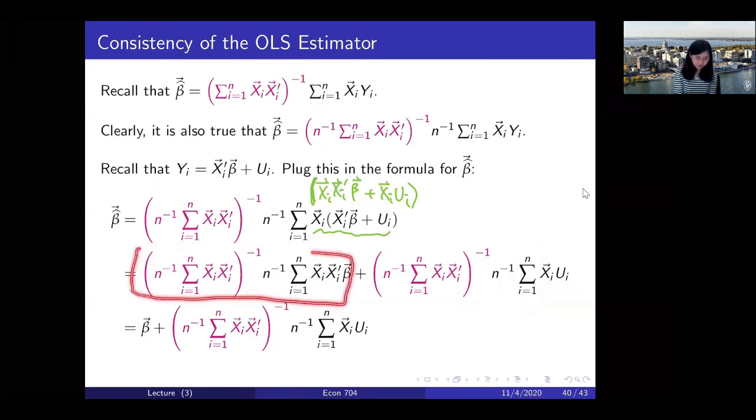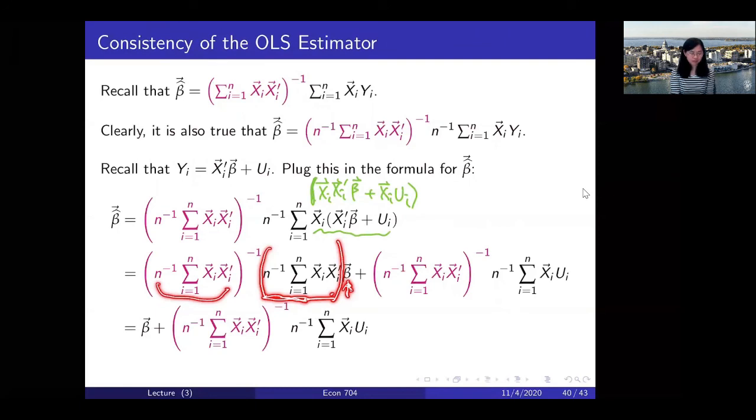Now let's focus on this first term. As you can see, the beta vector doesn't have a subscript i, so it can be factored out of the whole summation or average. It can be factored out, but because it was on the right before, once you factor it out, you still keep it on the right. Now once you factor that out, you see this matrix is actually equal to the matrix inside the inverse.